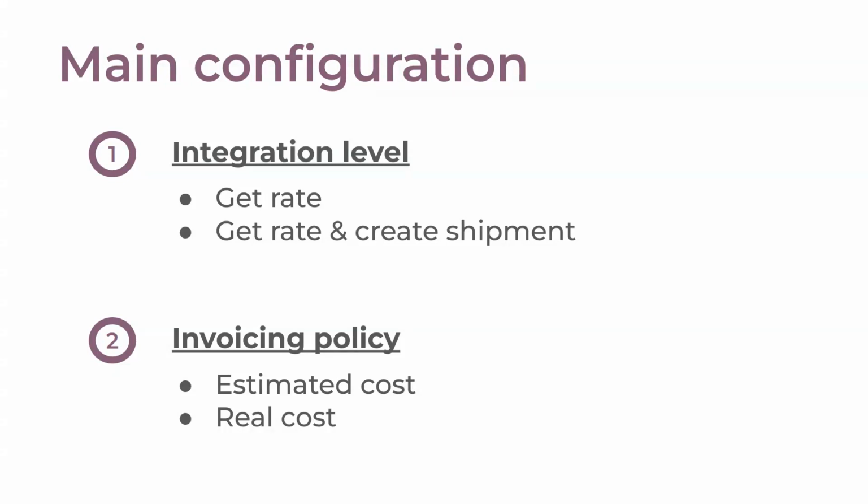So mainly the weight registered on the product form for a given product will be used to compute the price of the shipment. But it might be that in reality, when you weigh this product afterwards, it is a bit higher or lower, and so it's not the real rate that will be charged to the customer. And so that's why you have a second option to charge only the real cost of the shipment.